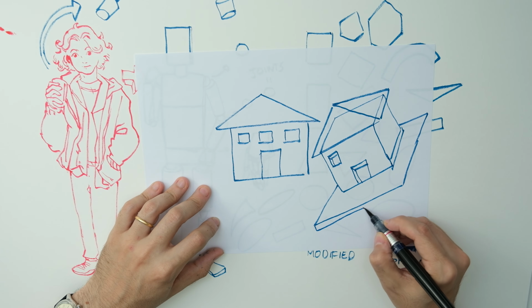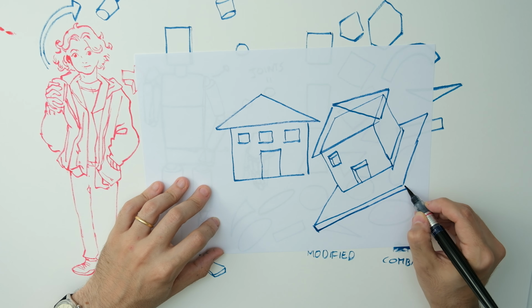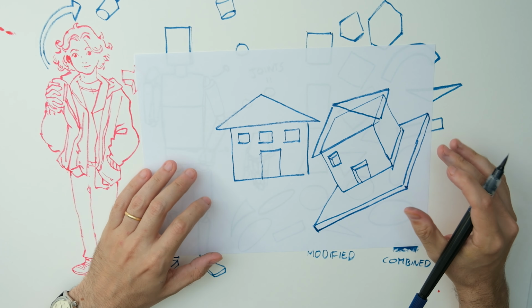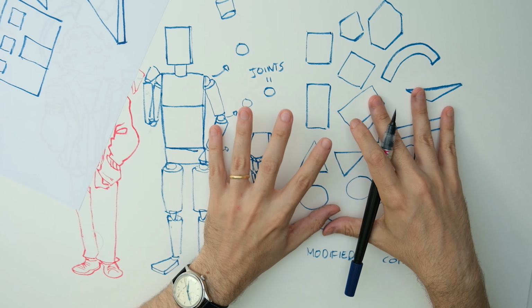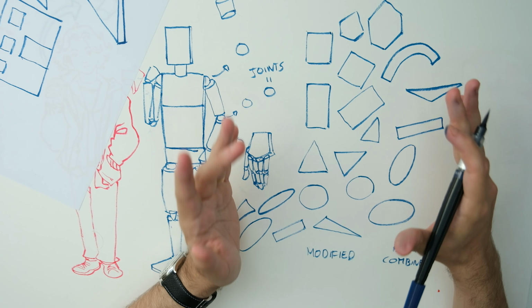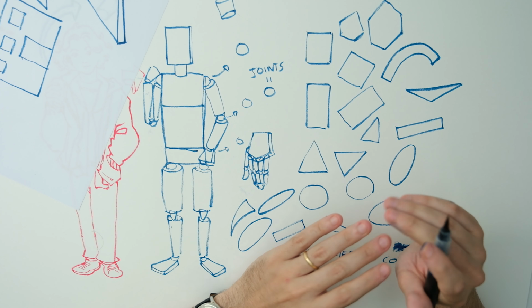But for now, especially if you're just beginning your road to drawing, my challenge for you, and that's going to be the first exercise, is to be able to draw the basic shapes confidently.